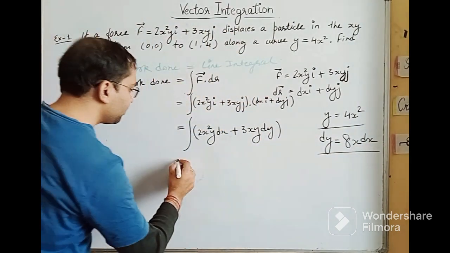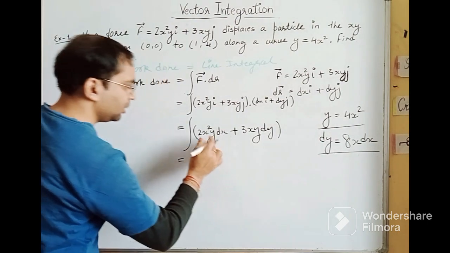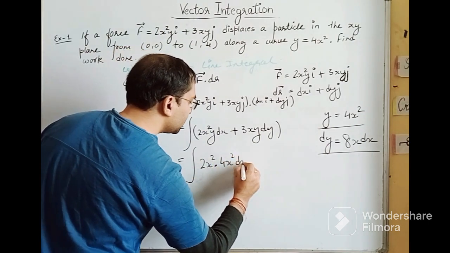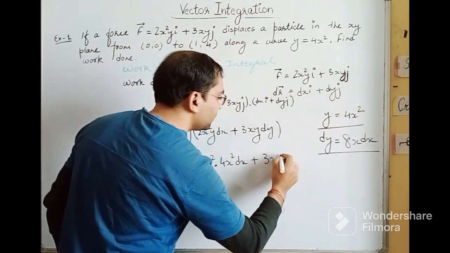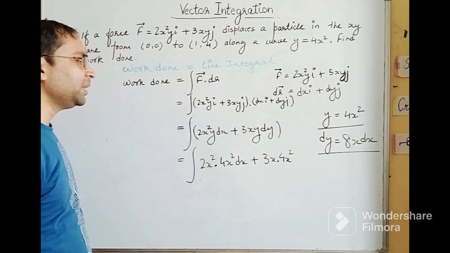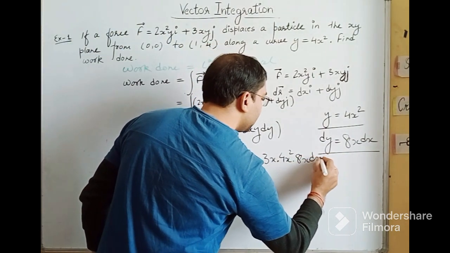So let us do the replacement. This is 2x square times 4x square dx, plus 3x times y, which is 4x square, and this time we also replace dy, which is 8x dx.